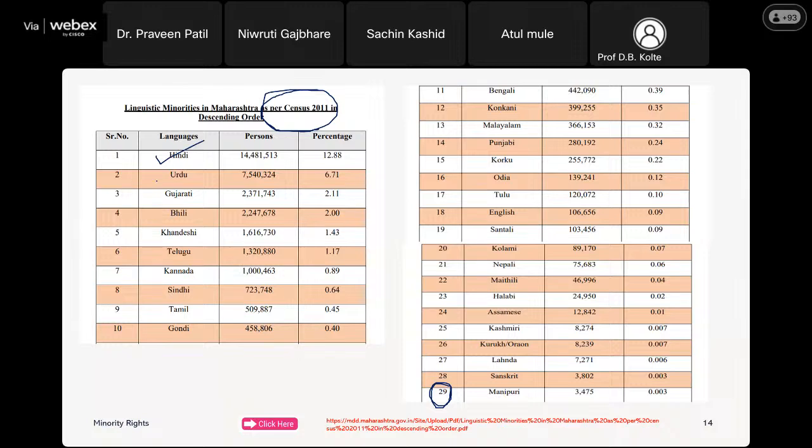The first one is Hindi, the second one is Urdu, Gujarati, Khandeshi, Telugu, Kannada, Sindhi, so many. Their mother tongue, and therefore these people are conferred with certain constitutional safeguards as well as certain safeguards guaranteed by the mutual understanding of the state.